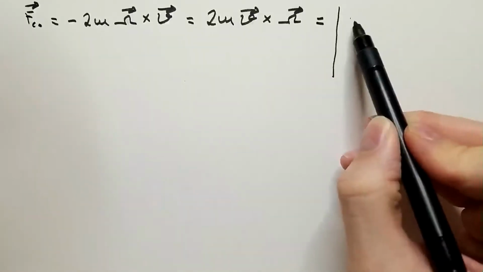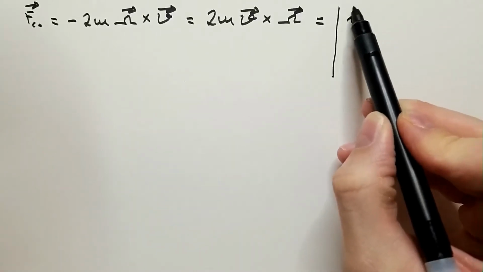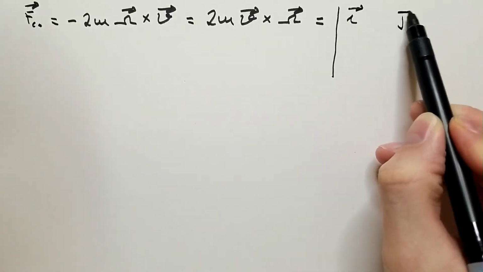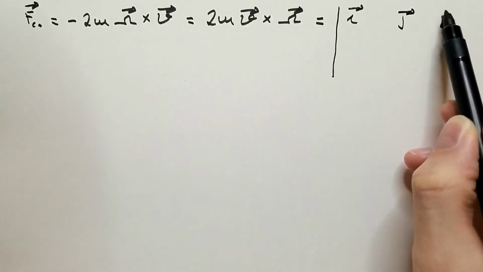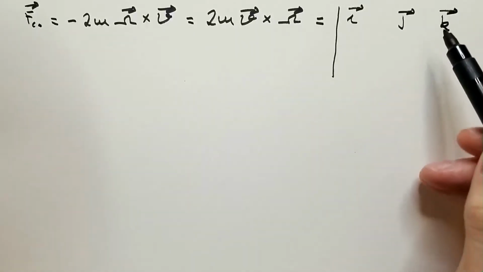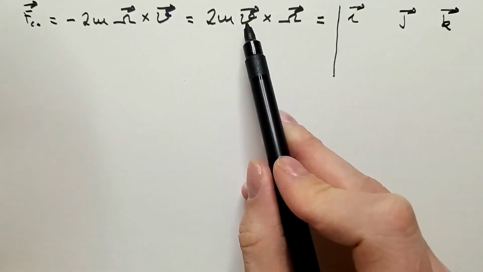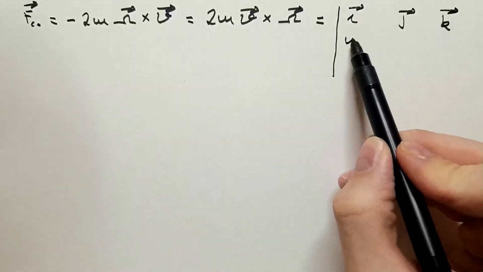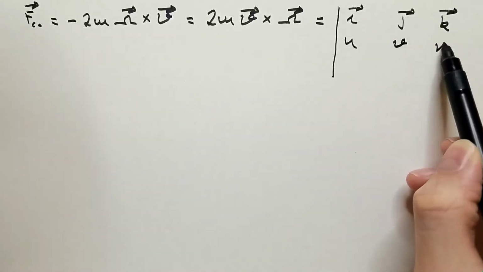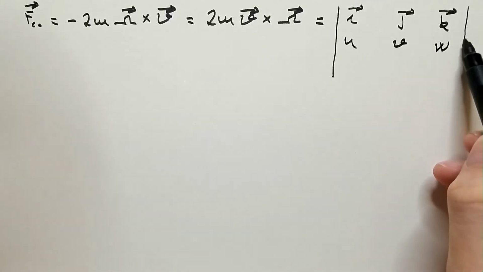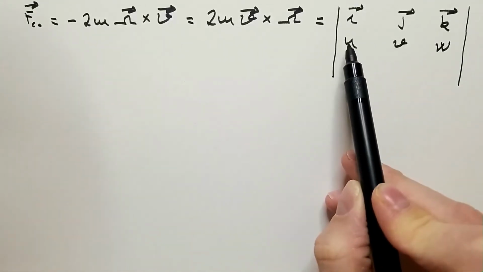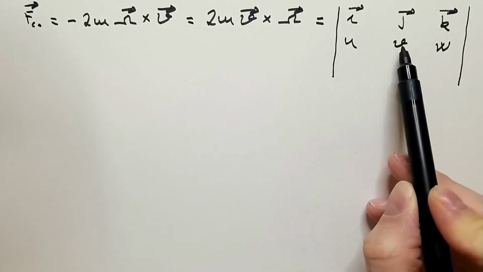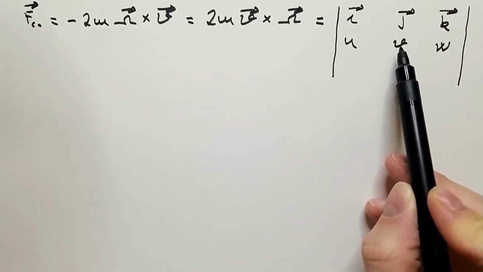So v cross omega, we know that the first row are the unit vectors i, j, k. The second row are the components of the v vector, which is u, v, w, where u is from west to east, so positive eastward. v is the meridional component from south to north, so positive northward.